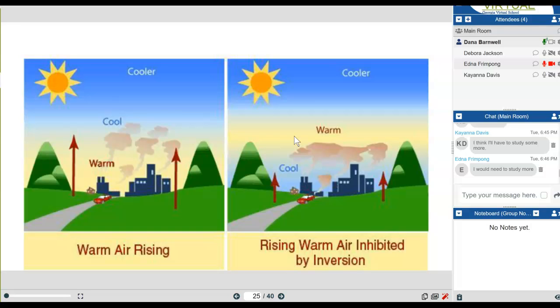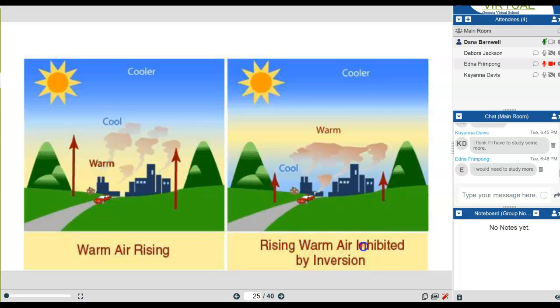That blanket of warm air is going to keep what is happening in the city, either your car exhaust or your industry exhaust, those emissions, concentrated in this area. This layer of warm air is not going to allow them to dissipate into the atmosphere.